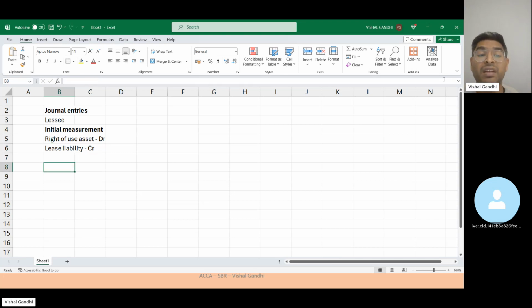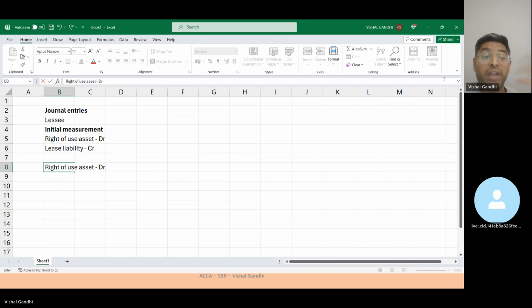Plus, if there is any advance payment, or if any direct cost is incurred, then we will put in a journal entry: right of use asset debit, because we need to add that to the value of the asset. So right of use asset debit, cash credit.